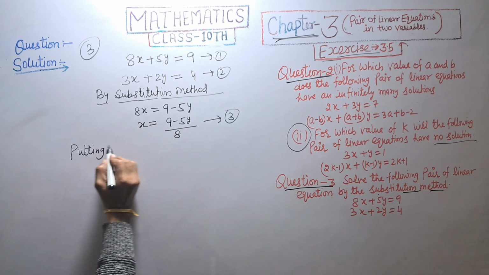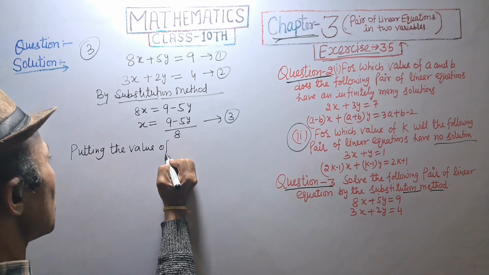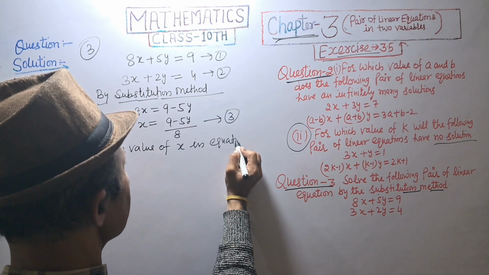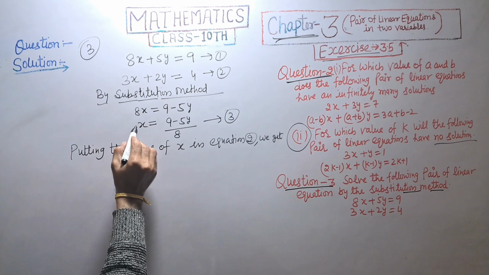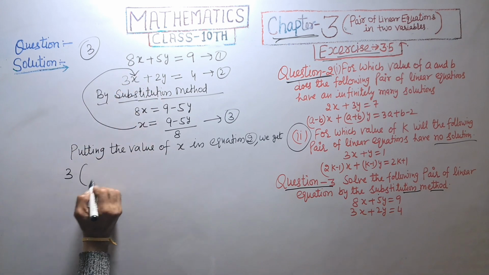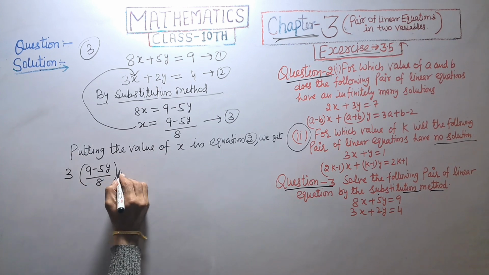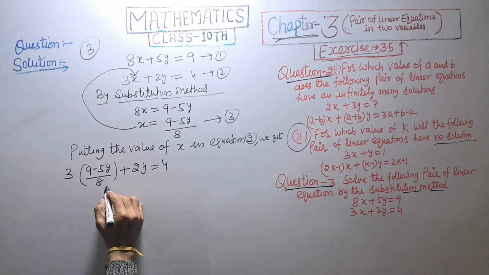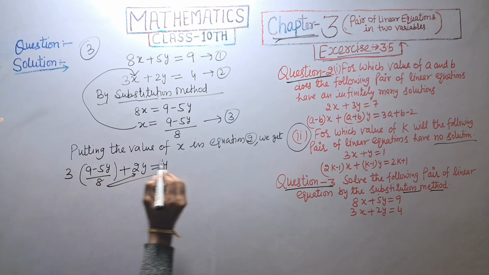Putting the value of x in equation second, we get 3 into 9 minus 5y divided by 8 plus 2y is equal to 4. 8 multiplying by 2 and 4, 3 multiplying by 9.